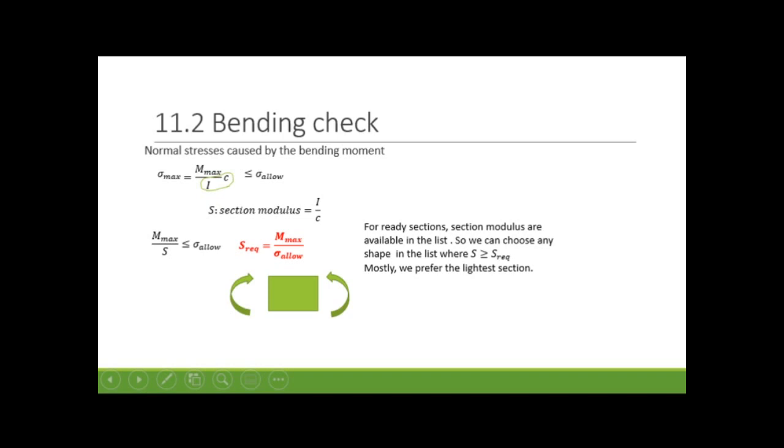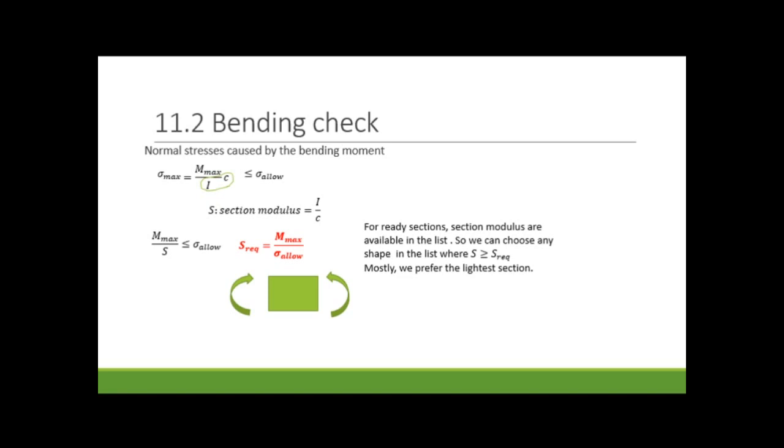After that, for example, if we have 20 sections and 15 sections satisfy these requirements, which section will we choose in order to be most economical? We choose the lightest weight section, especially in steel structures, because the cost of the structure is related to its weight.